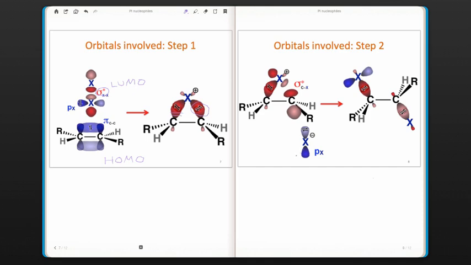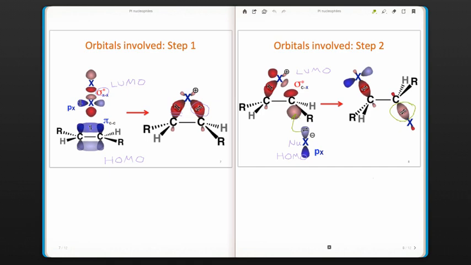Next, when the nucleophile reacts with that halonium intermediate, the highest occupied molecular orbital on the nucleophile, which is filled, is going to overlap with the lowest unoccupied molecular orbital of the electrophile, the sigma star. So the highest occupied molecular orbital reacts with the lowest unoccupied molecular orbital to form a new bond, and there's the new bond there on the right.